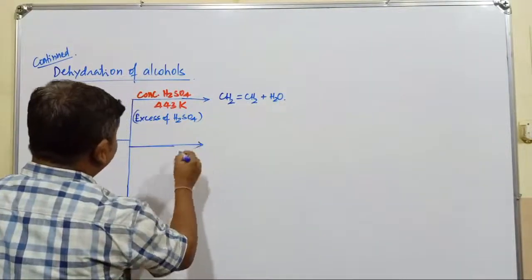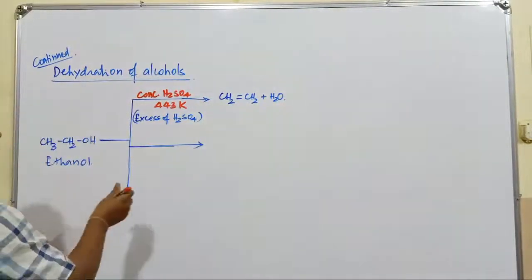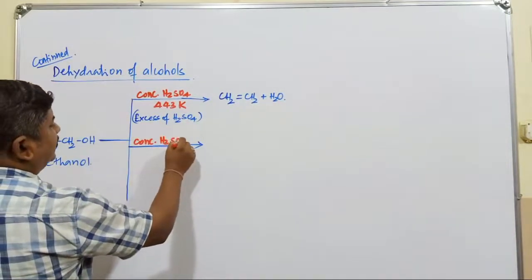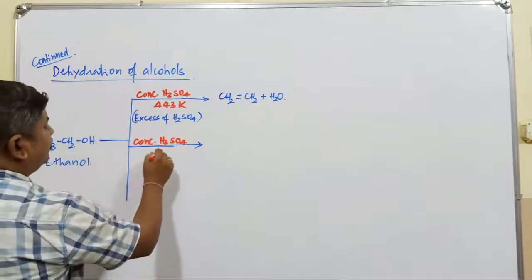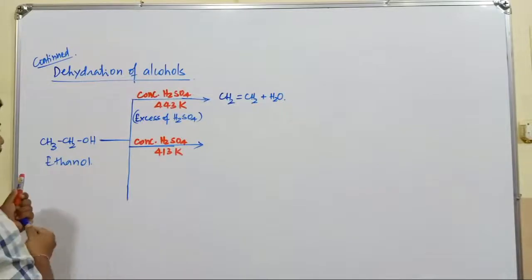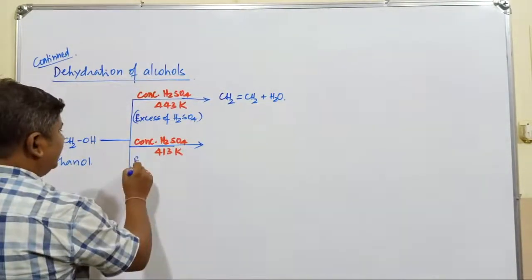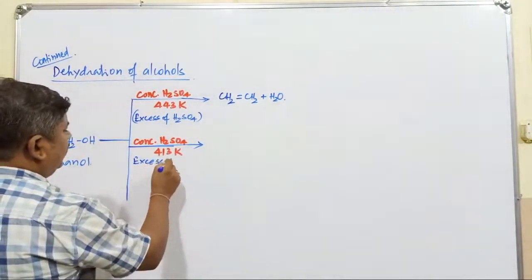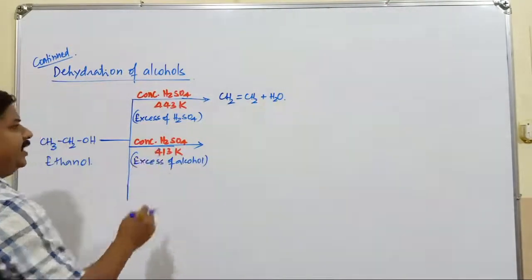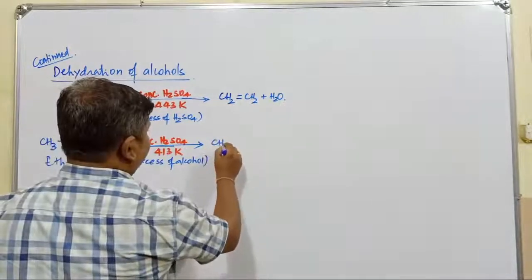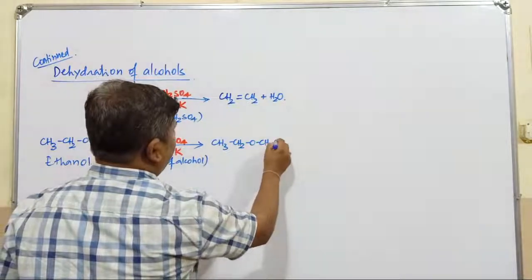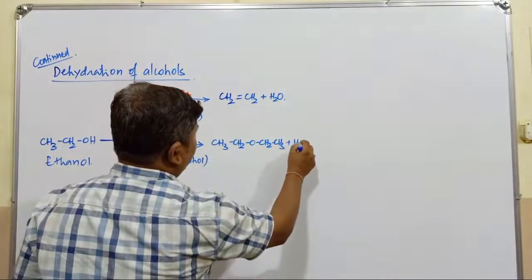Next, when the same ethanol is treated with the same concentrated sulfuric acid, but the temperature is 413 Kelvin and excess of alcohol is used, the compound gives CH3CH2OCH2CH3 plus H2O.